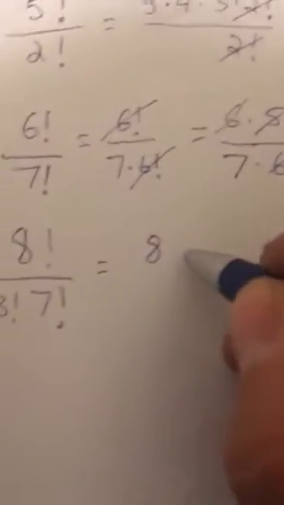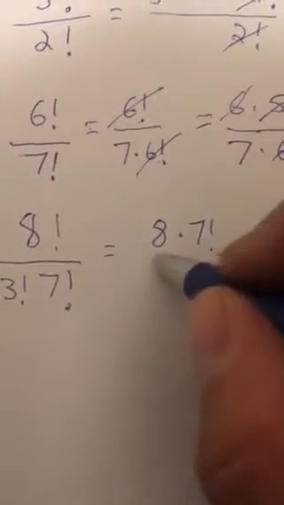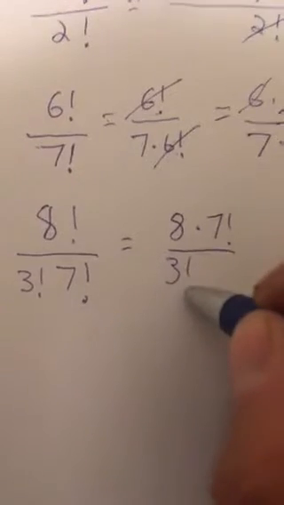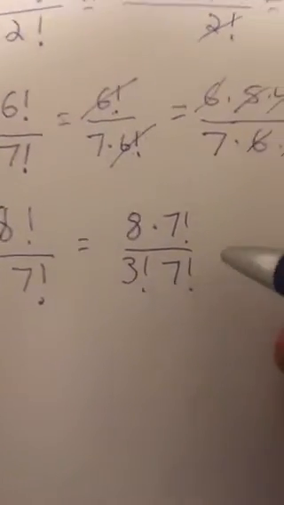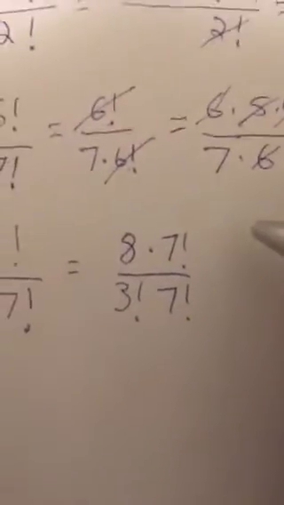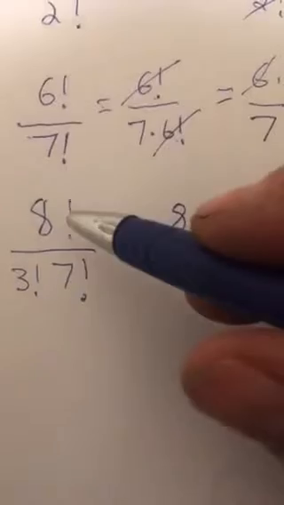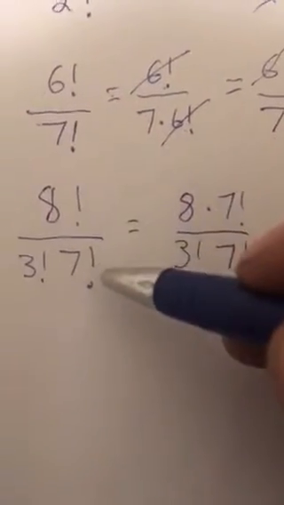And to do that, you want to consider the largest factorials, whatever you can reduce the greatest. 3 factorial, that's a pretty small number. But the 7 factorial, that's a lot of numbers multiplied together. 7 all the way down to 1. And so identify that 8 and 7, they're pretty close. So a lot of the same numbers will cancel each other out.